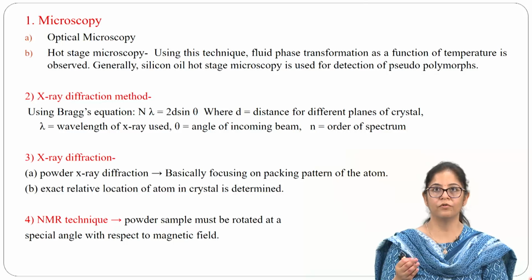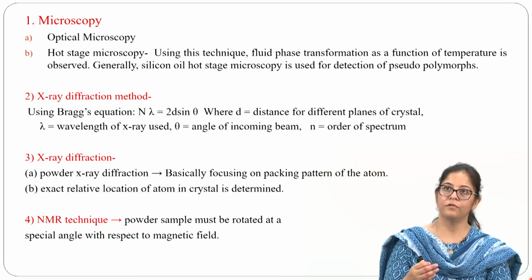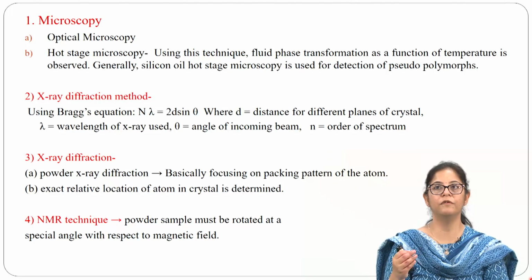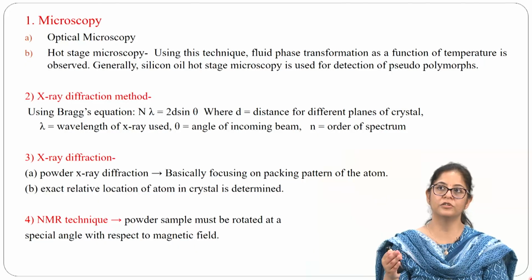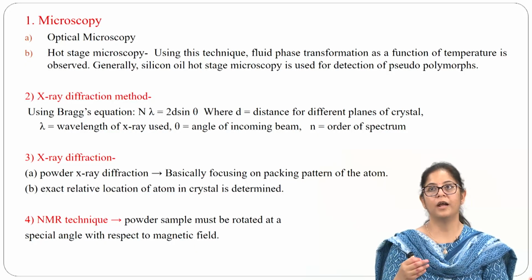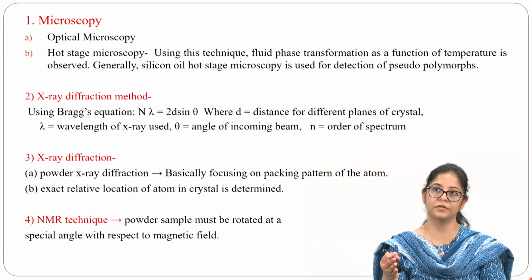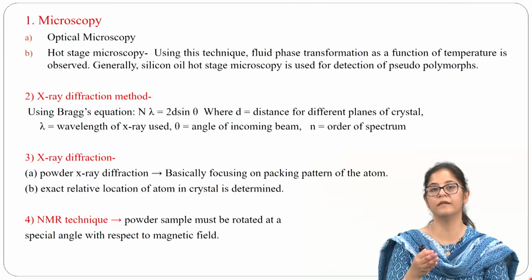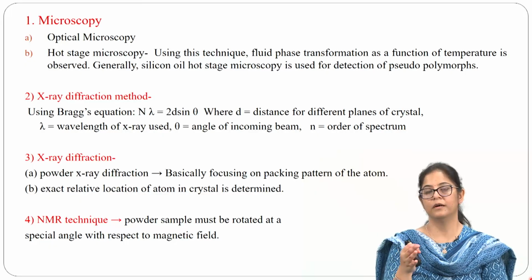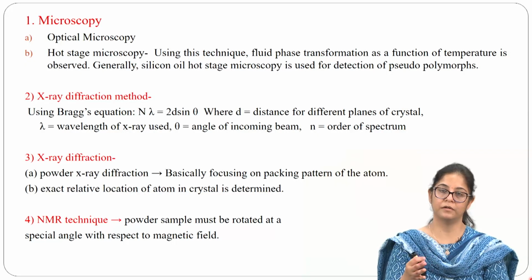Hot stage microscopy can also be used, wherein the phase transformation as a function of temperature is observed, and if there are transformations being observed, that means the compound exists in polymorphic forms.